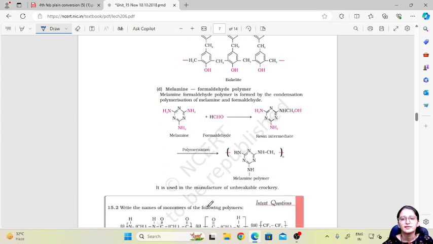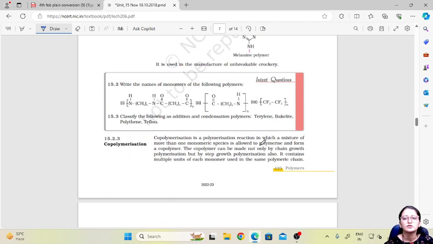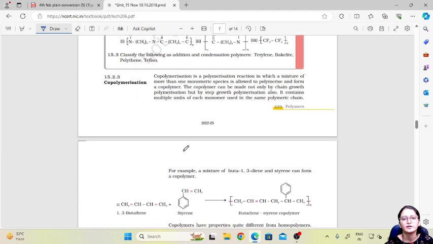Then next is melamine formaldehyde polymer. It is formed by condensation polymerization of melamine and formaldehyde, and we get the melamine polymer, and it is used in manufacture of unbreakable crockery. So melamine is used. Now specific polymers and their uses are very important because questions are based on that only.